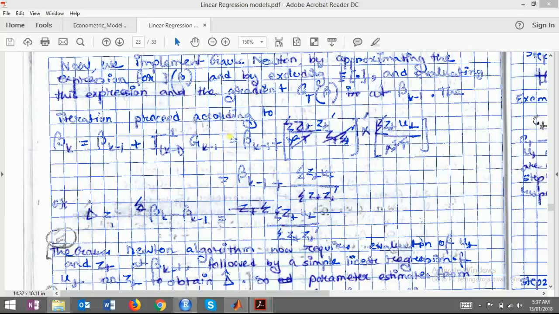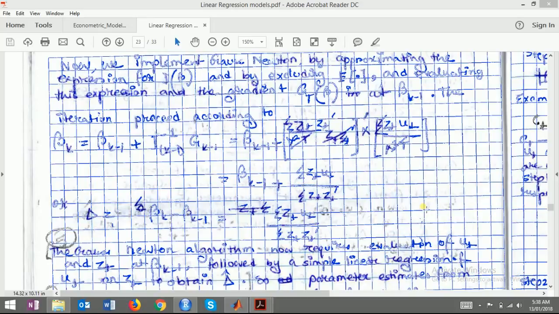Or we can replace the gradient and information matrix with the ZTs and UTs that we derived earlier. The information matrix with ZT was 1 by sigma square t expected value of ZT transpose. For the gradient, 1 by sigma square t ZTUT. First think about the gradient, ZTUT divided by sigma square t, divided by ZT transpose divided by sigma square t.